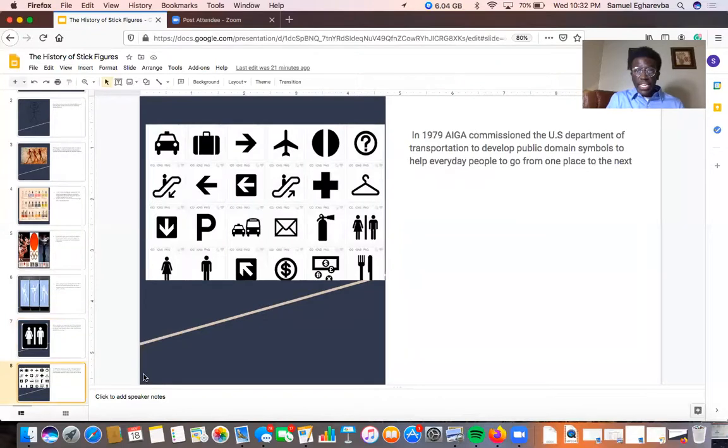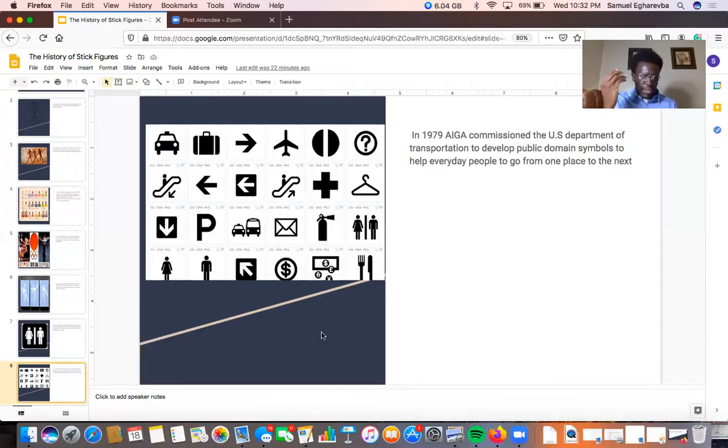And here in 1979, AIGA, which is the American Institute of Graphic Arts, commissioned the U.S. Department of Transportation to develop public symbols to help people to go from one place to the next. And basically, this is the type of pictogram that we're most used to seeing.